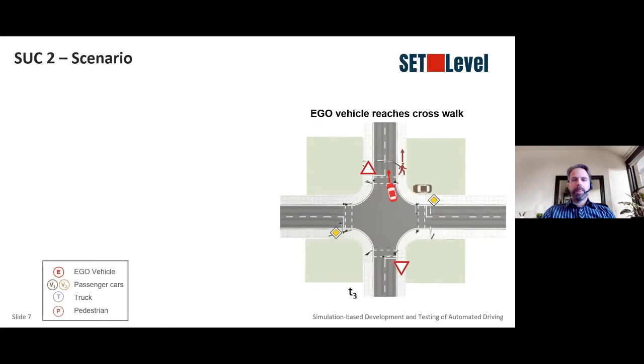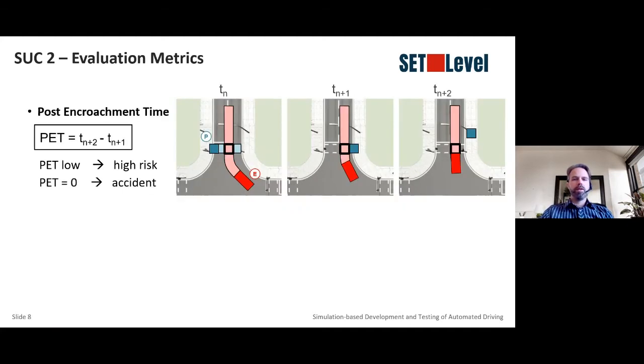And finally, the ego vehicle reaches the crosswalk at t3. Especially the last 2 points of time are of particular interest because they are relevant for the first evaluation metric, the post-encroachment time, or PET.